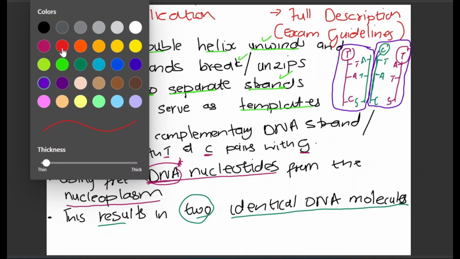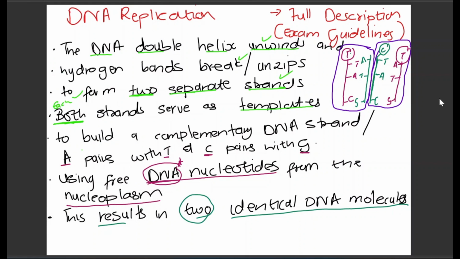Now it's very important for me to mention that at the end we're having two identical molecules and not strands. You can't say you're having two identical strands because actually at the end there's 4 strands, but you can't say you're having 2 or 4 identical strands. No, you actually need to say DNA molecules.